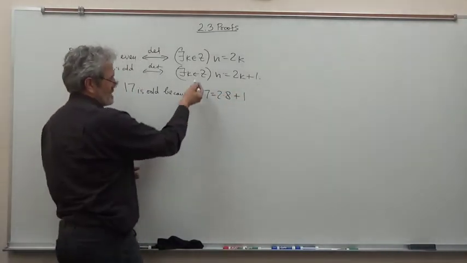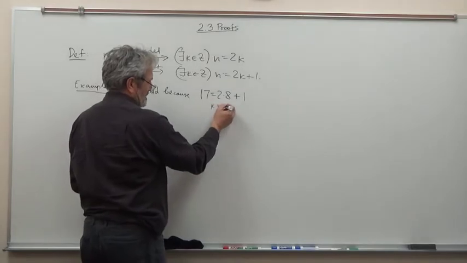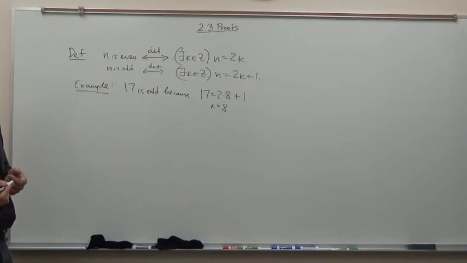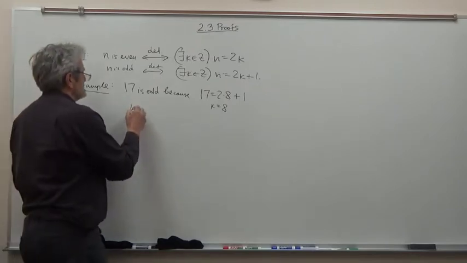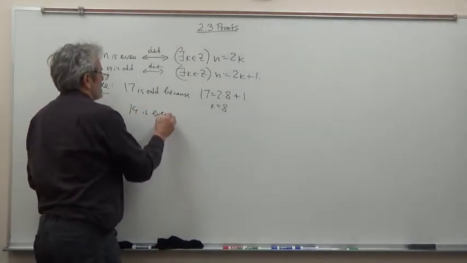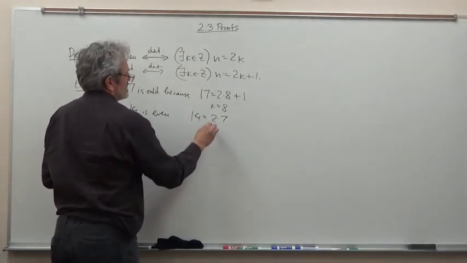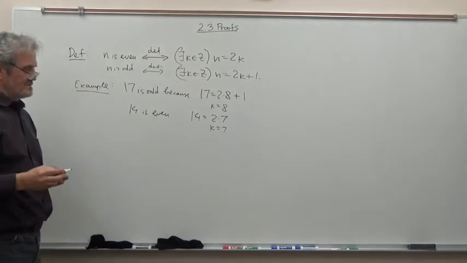So I found the k, k equals 8, such that 17 equals 2k plus 1. And 14 is even, because 14 equals 2 times 7, where my k is now 7.